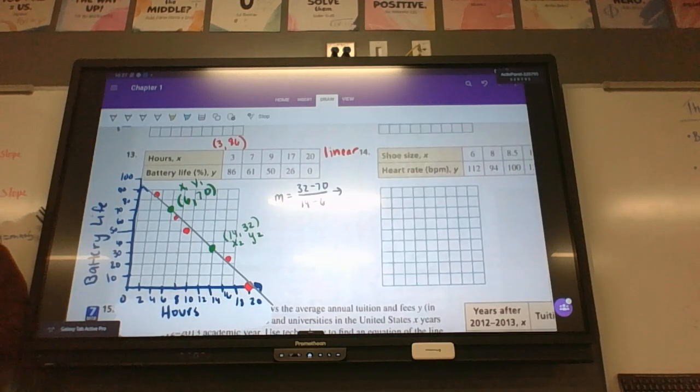That was 38 over 8. I got negative 19 over 4. Since this is a word problem, I'm going to go ahead and think about the decimal of that.